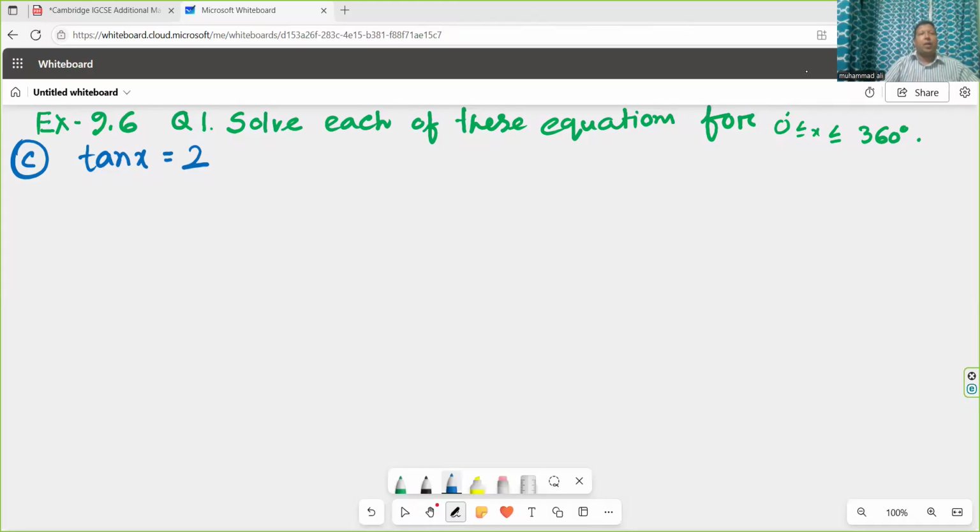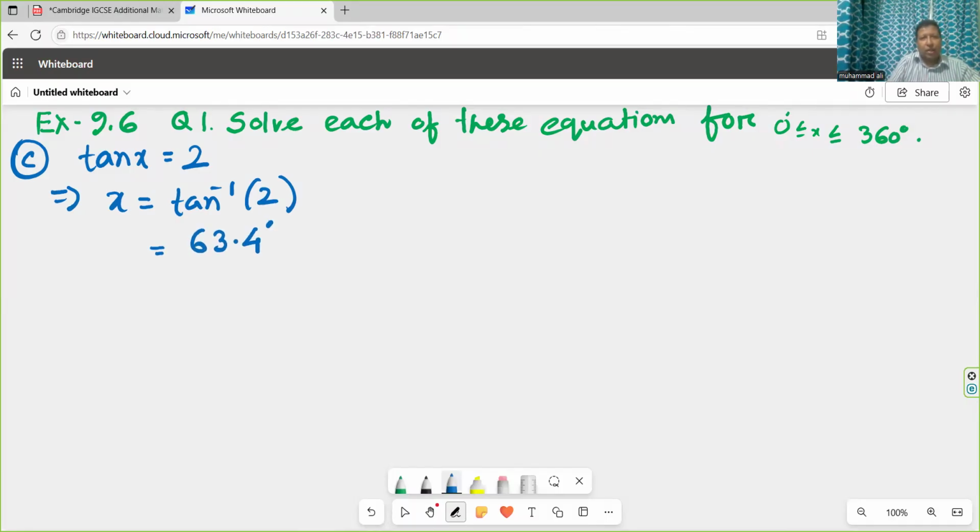Number C, tan x equals 2. So x equals tan inverse 2. So it will come 63.4 degrees. So x equals 63.4 degrees. If we check the quadrant, tan is positive in the first quadrant and third quadrant.